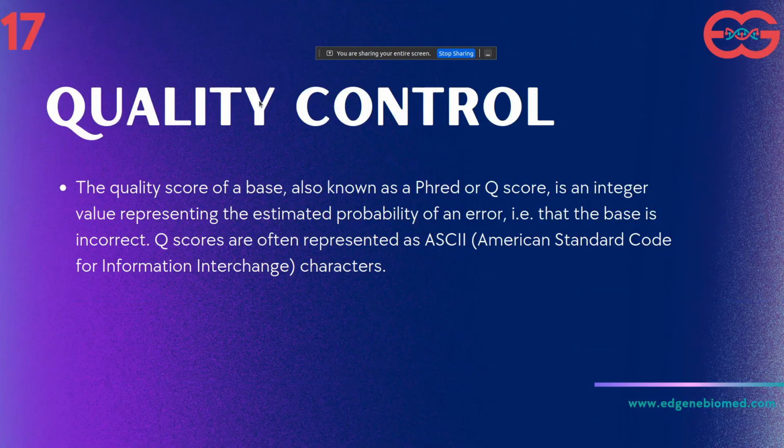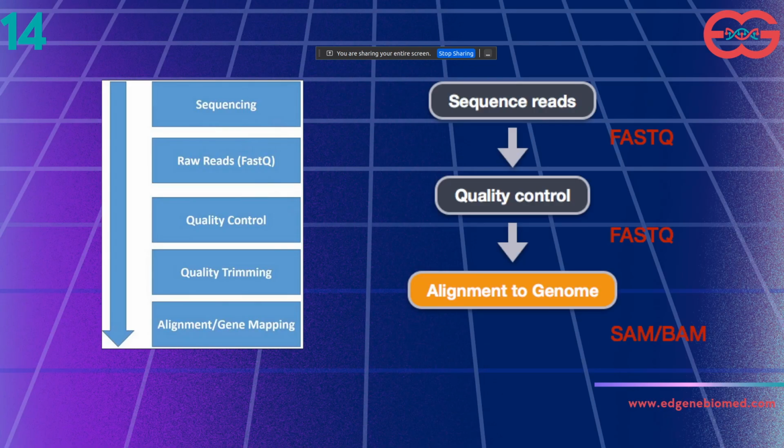So if you look over here, we have got our data. That data is in the FASTQ format. Now it's time that we look at the quality control. Before that, first let's understand what is FASTQ. Then we will perform the quality control and look at how our data is.